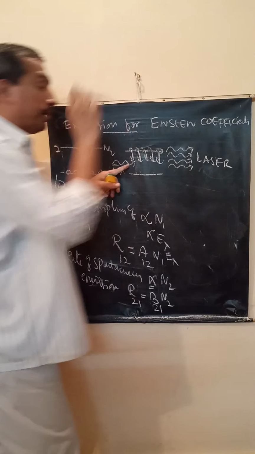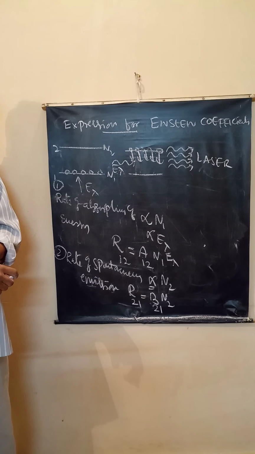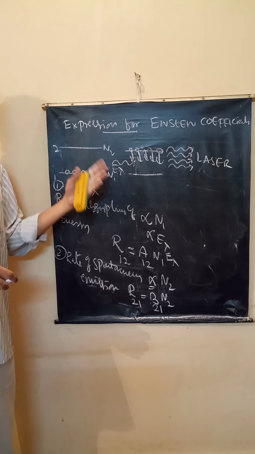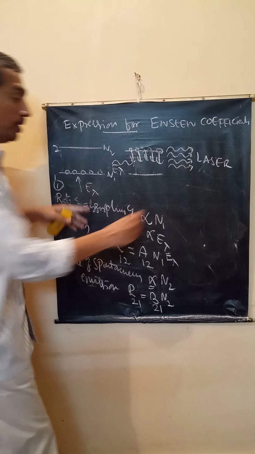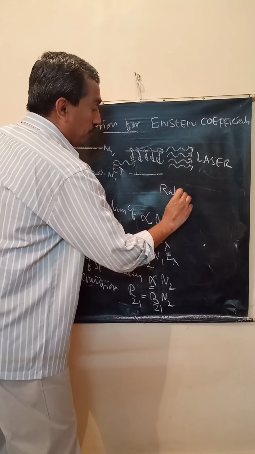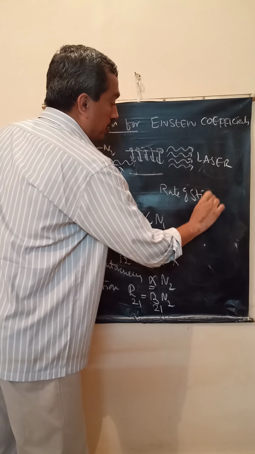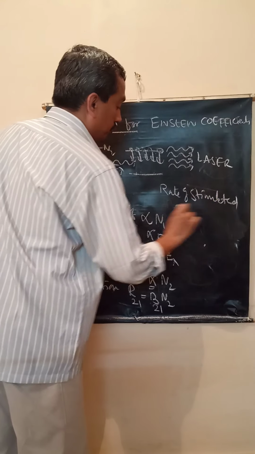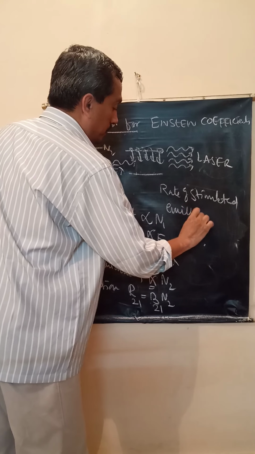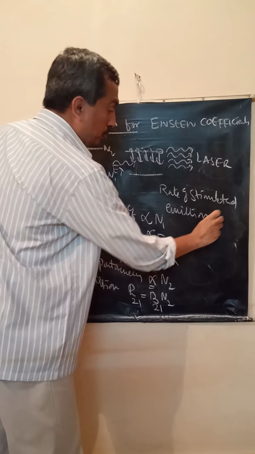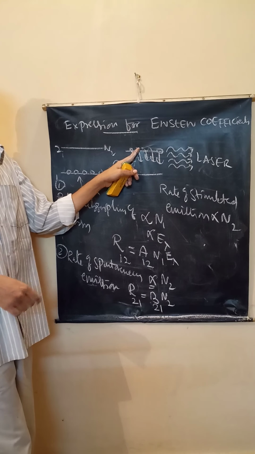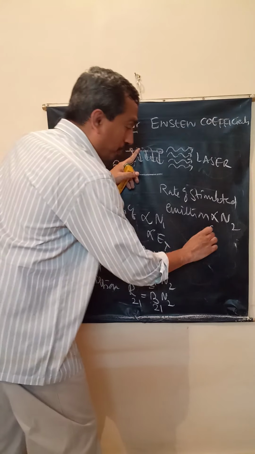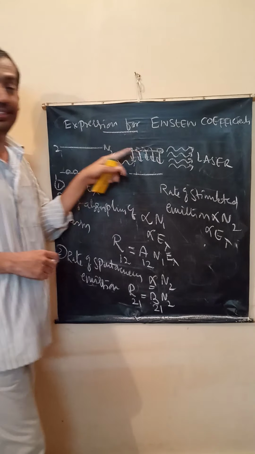This is stimulated emission. So now, what is the formula for the rate of stimulated emission? We saw the rate of induced absorption, the rate of spontaneous emission. Now, the rate of stimulated emission. It is proportional to what? The number of atoms in the excited state. More emission if there are more atoms, and also you are supplying energy.